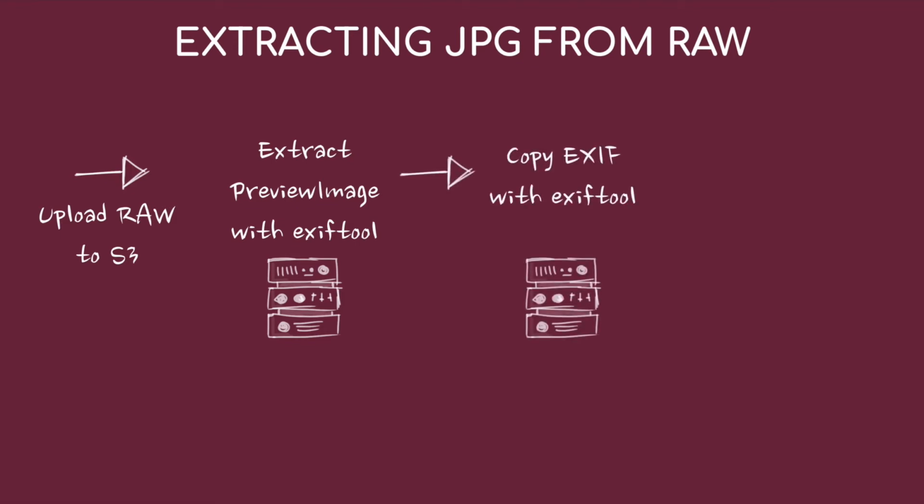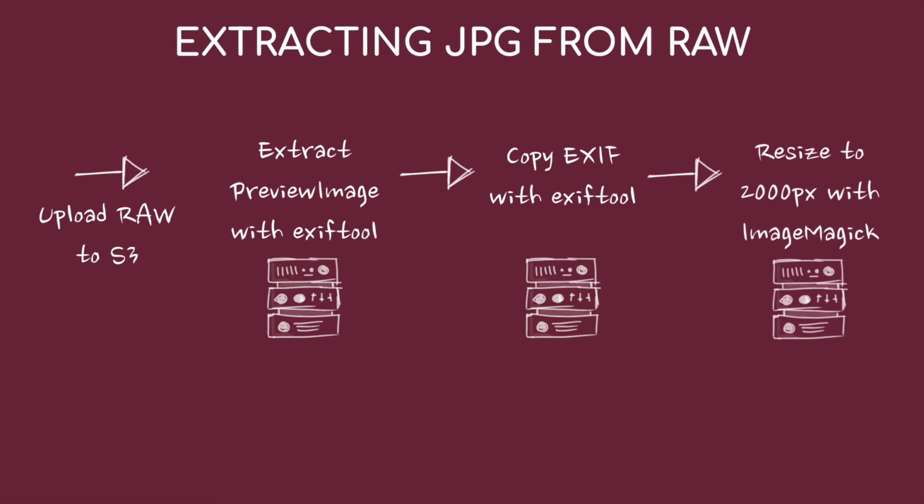Then we can also copy the rest of the EXIF data, for example GPS, shutter speed, and any kind of data that the camera provides. And then we can use ImageMagick to resize the image to a good size for a photo browser.